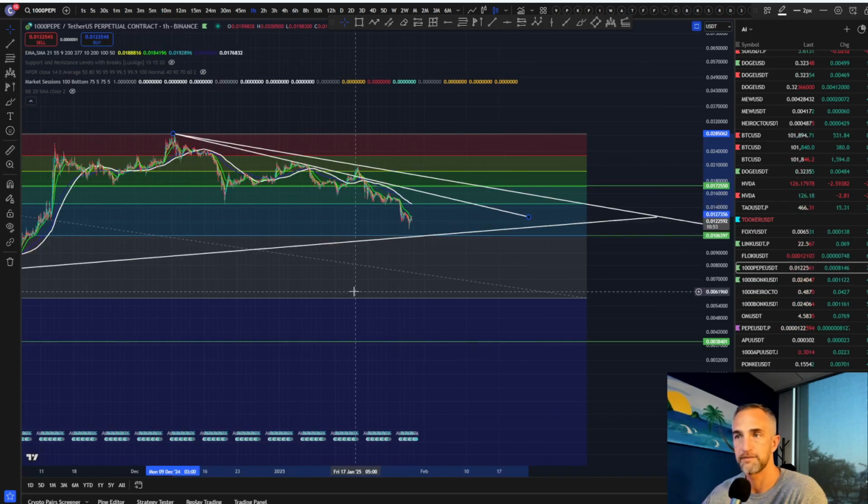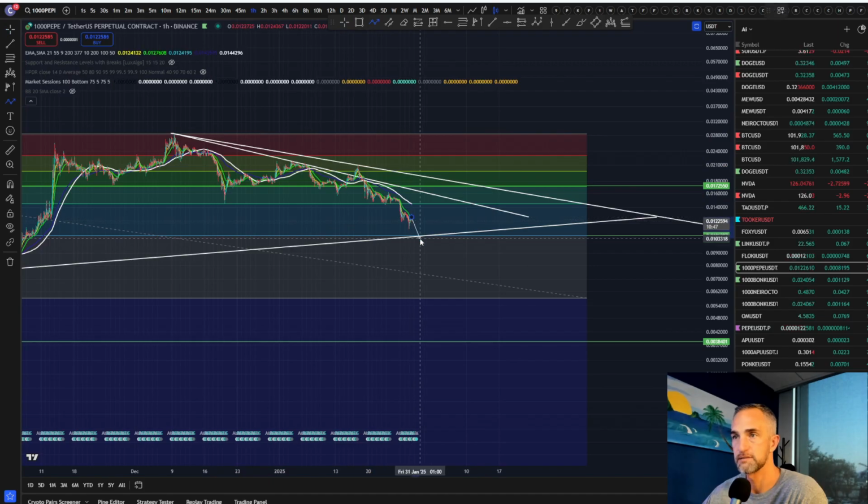On the other side of the fence, if you want to be a little more aggressive in this trade, you would be looking for something like this. Boom. Higher low, that would be the most aggressive entry. And then confirmation closure above the middle of this wick would be your W reversal.